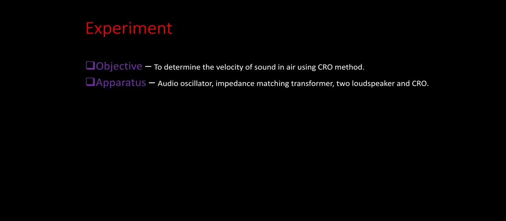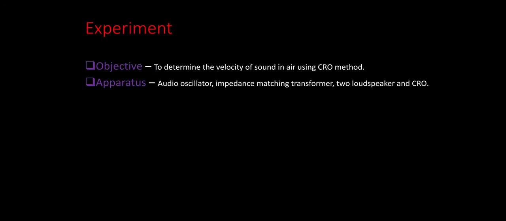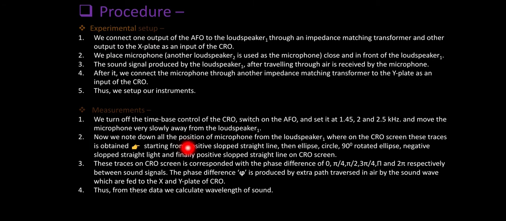And finally we will move our microphone this much, so we get again the positive sloped straight line. These traces on the CRO screen correspond to phase differences 0, pi by 4, pi by 2, 3 pi by 4, pi and 2 pi, as I explained previously, between the sound signals.